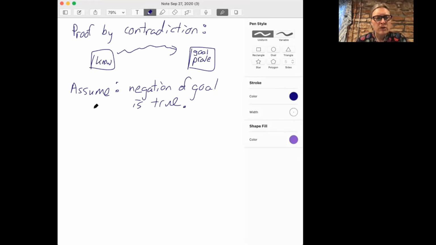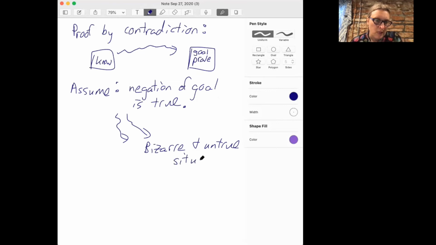So we assume that our goal is false, and then deduce from that some completely bizarre and obviously false fact. And the only way that the logic of this can break down is if our goal was actually true.